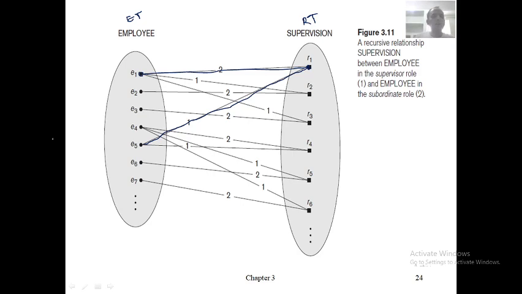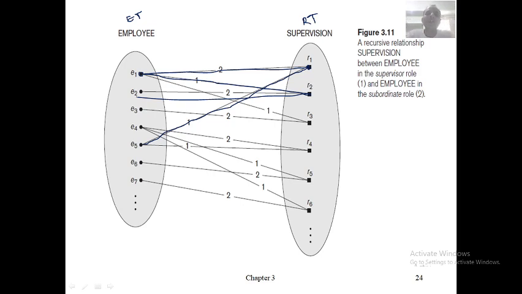Got it? Similarly we have this kind of thing. Again, employee 1 is supervised by this E5. Such a relationship is called a recursive relationship.